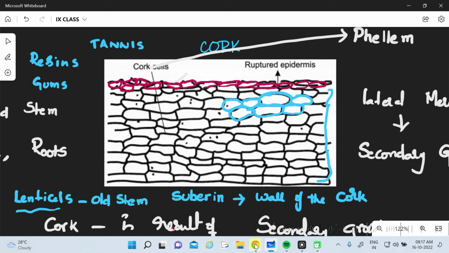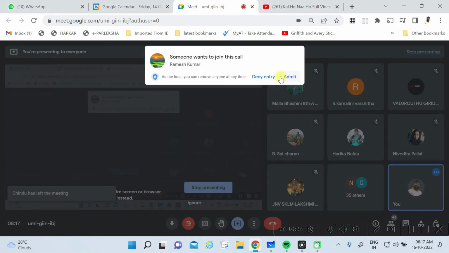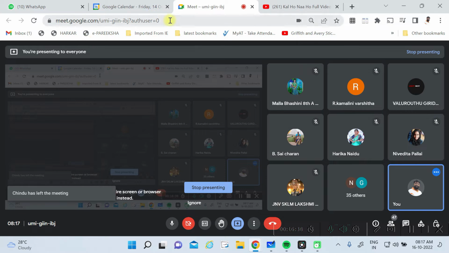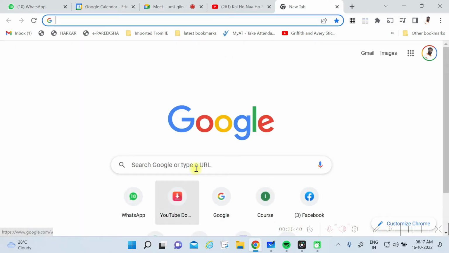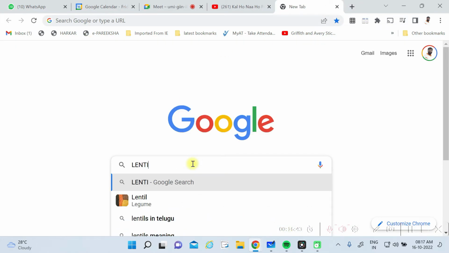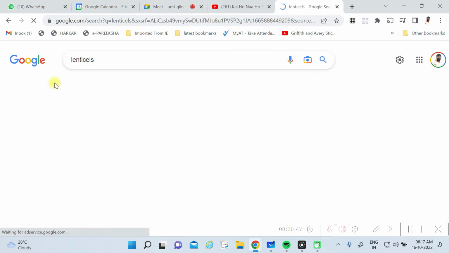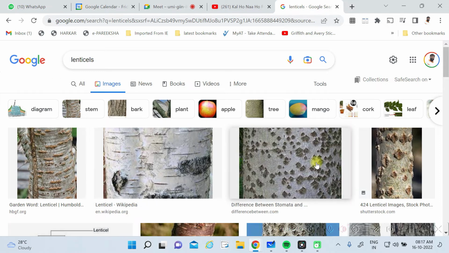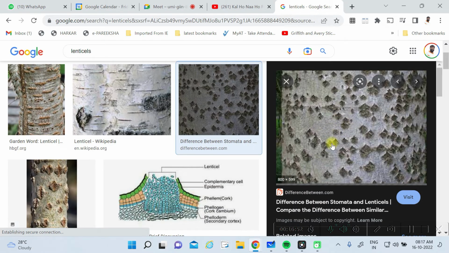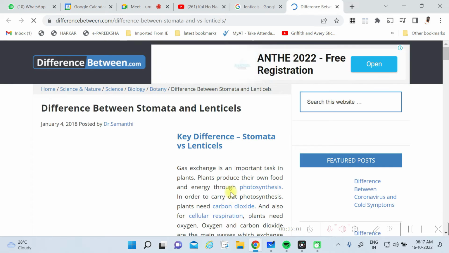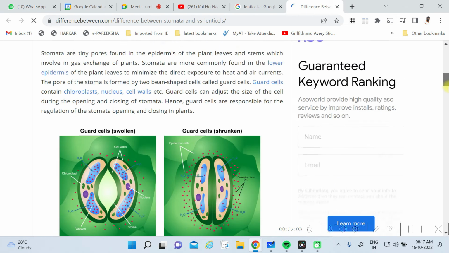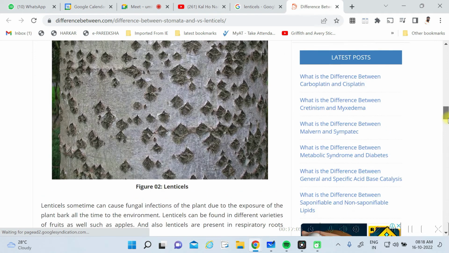So let me show you how a lenticel looks. Now on the stem you are able to see these kinds of structures. All these structures are lenticels.